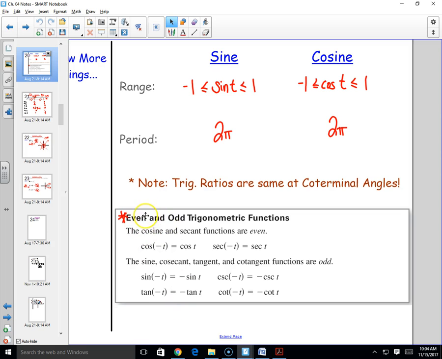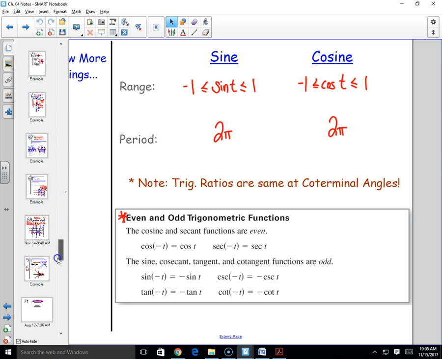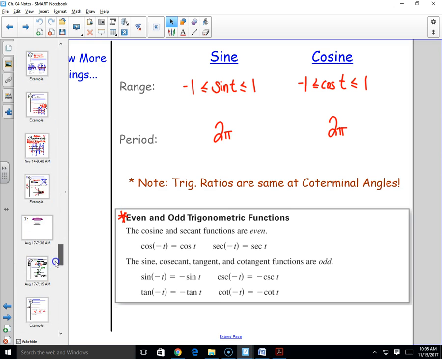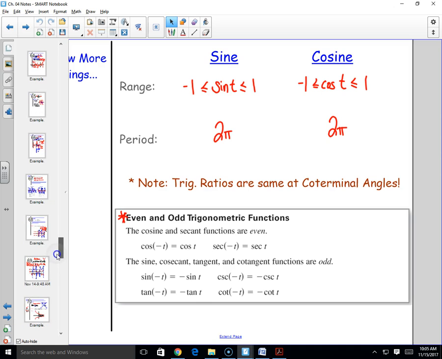You want to look at section 4.2 at the very end of the notes. There was an even-odd table where we said cosine is, secant is, sine is. So that's one place: go back and remember who we said was even and who we said was odd. But another place, do you remember, Melanie, how even and odd has to do with symmetry?